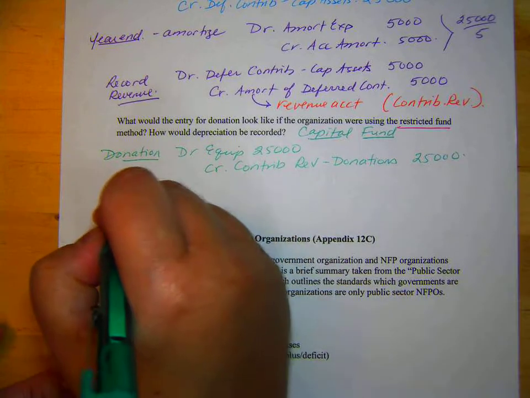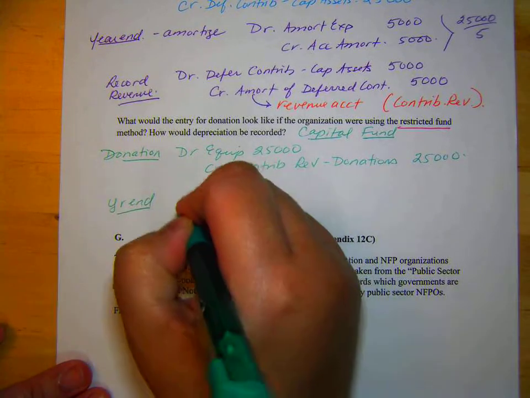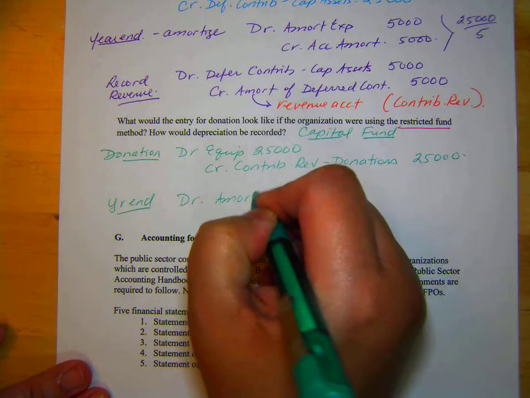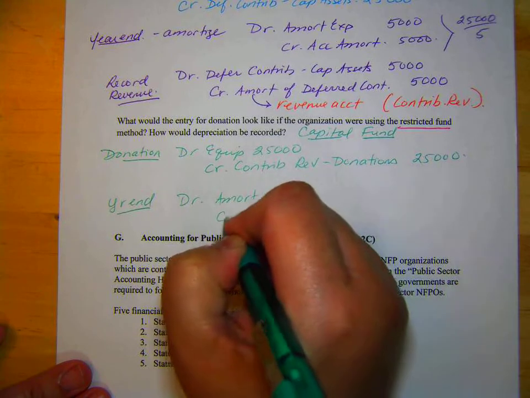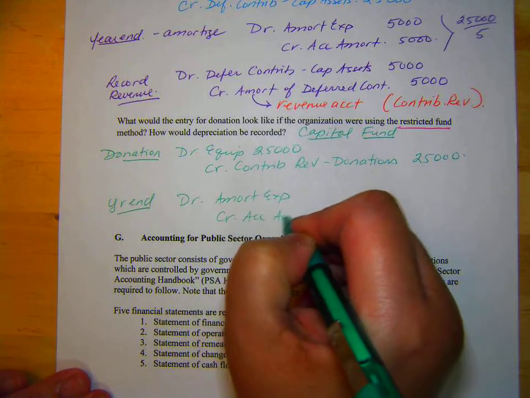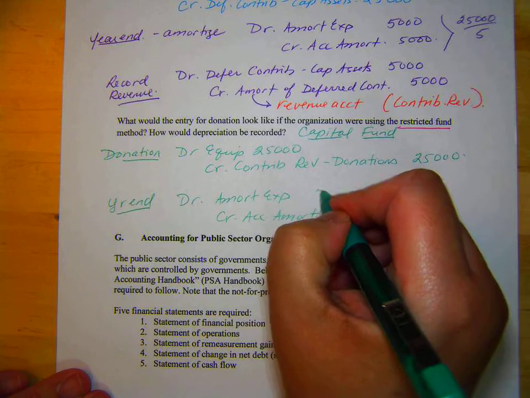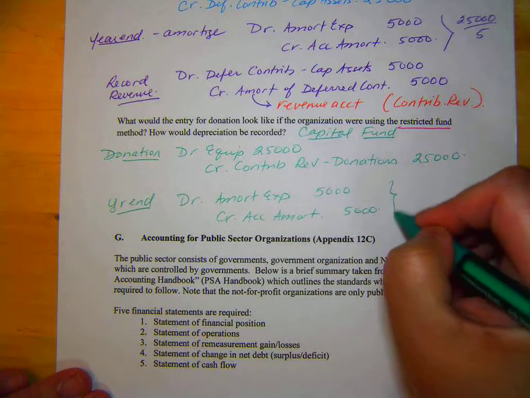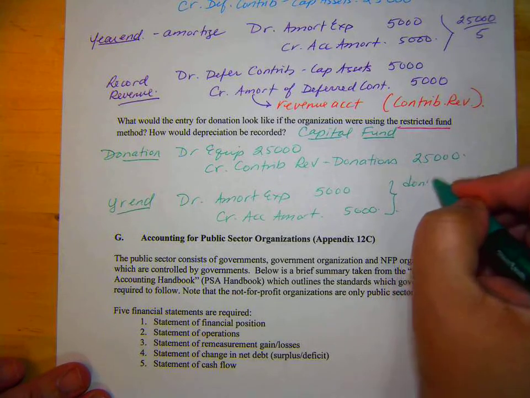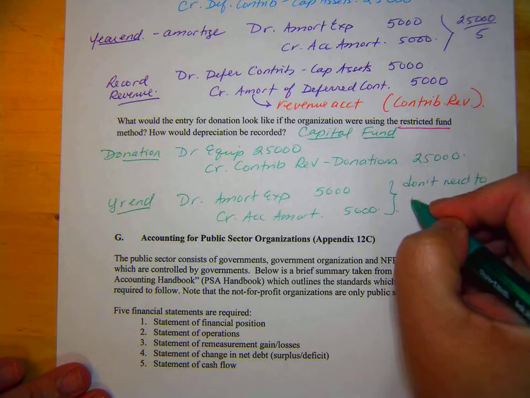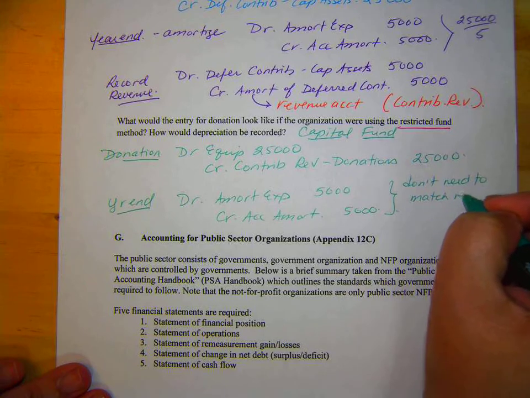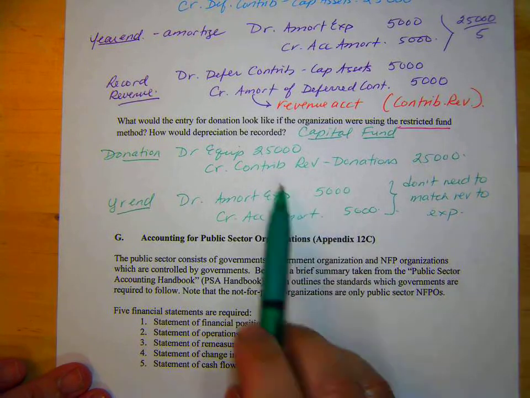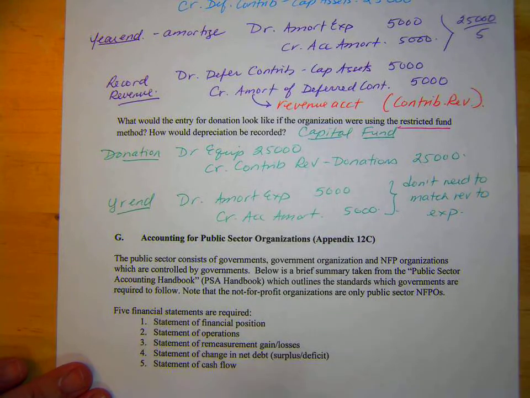And then at year end, our amortization expense and credit accumulated amortization, 5,000. Don't need to match revenues to expenses here because we already recorded the revenue because it went into its own fund.